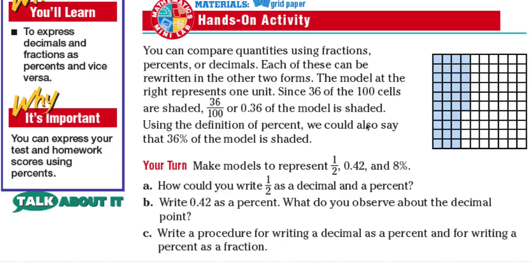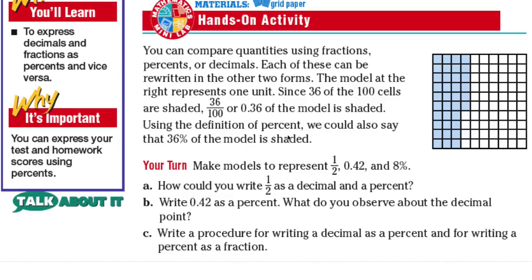Since 36 of the 100 cells are shaded, 36 out of 100 or 0.36 of the model is shaded. Remember, this unit has been divided into 100 squares, and 36 of the squares have been shaded.